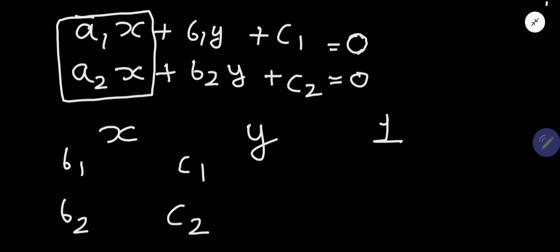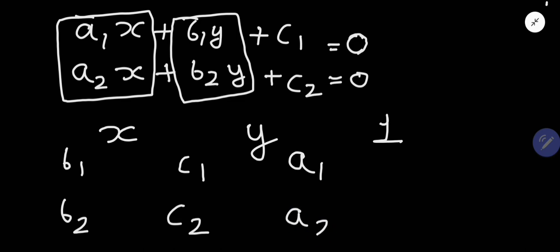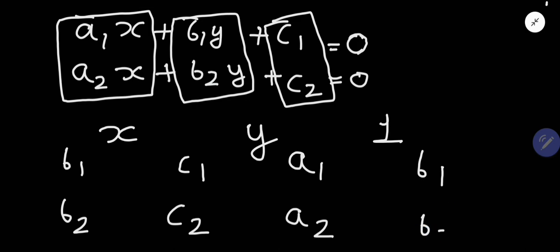When we solve for y, we will ignore this part, so we have a1, a2 and c1, c2. c1, c2 I have already written, so we have a1 and a2. Similarly, in the third part, we will ignore this and we will have a1, a2 and b1, b2. a1, a2 I have already written, so I have b1 and b2.